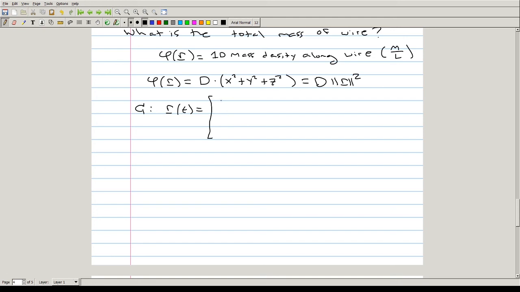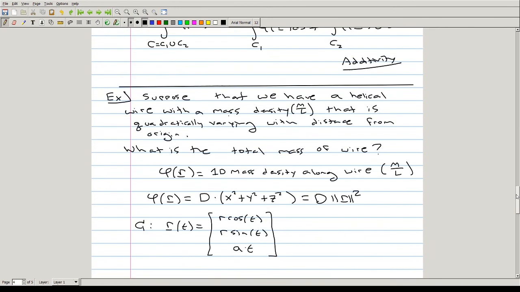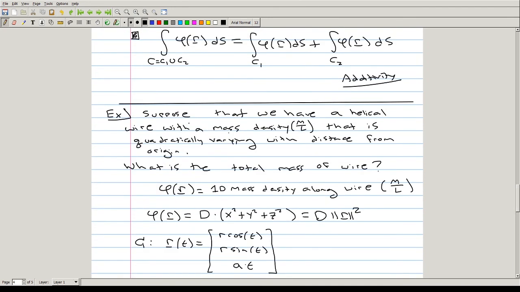The helix with a radius of r, and then a growth rate in the z direction of a. You'll remember that this was the correct way to parameterize the helix. And we'll also say that we just do this over one turn of the helix, or for t from 0 to 2 pi.